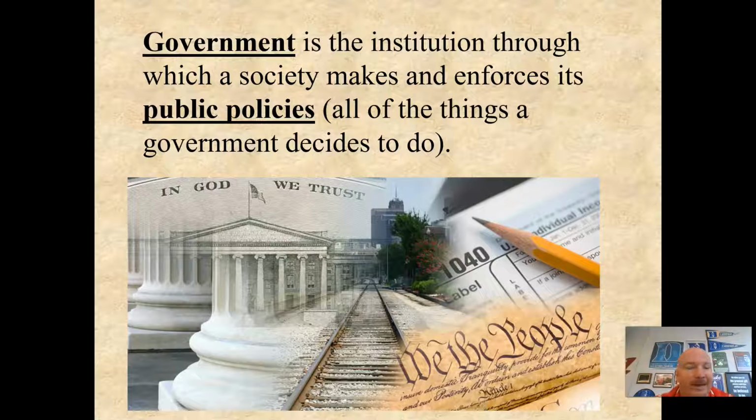And y'all look, this is a great time to study government because there are places in Seattle, Washington, and Portland, Oregon, and even Minneapolis, Minnesota, where they're talking about defunding the police because of everything that's going on. We can get into that later on, but can you imagine not having a police force? Can you imagine the chaos? And we're starting to see some of that unravel right now, which is absolutely mind-blowing. So anyhow, government is the institution through which a society makes and enforces its public policies.